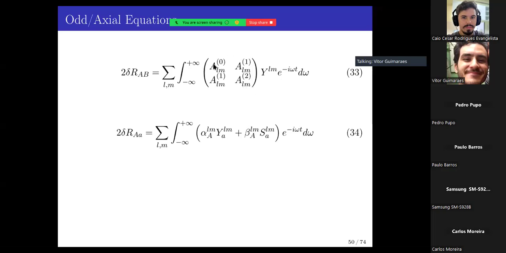And here we have completely only even parts. This part of the Ricci tensor is exclusively even. All these functions are even functions, all of them multiplying an even basis element. So in this one we have it mixed: this is the even part and this is the odd part, right?